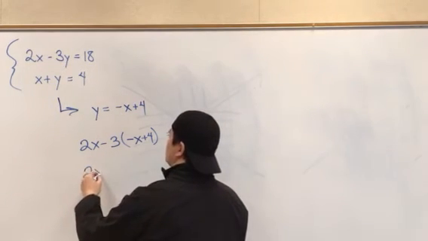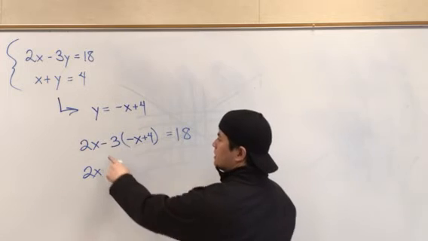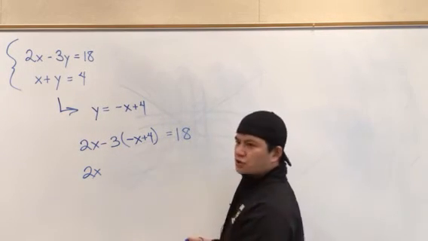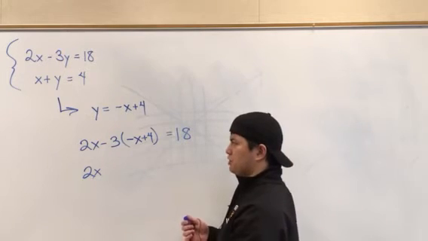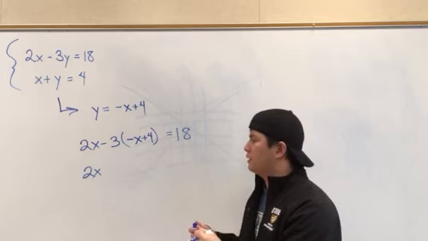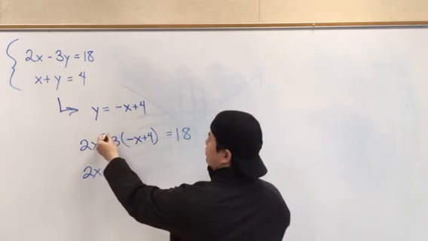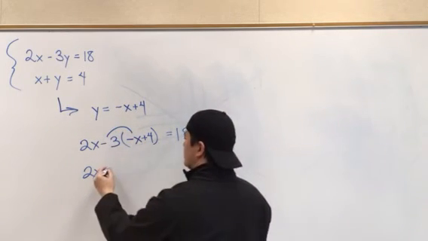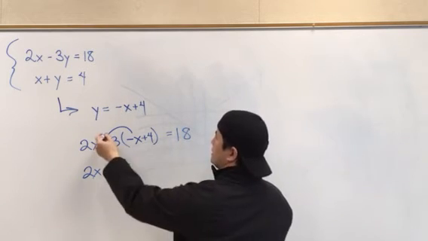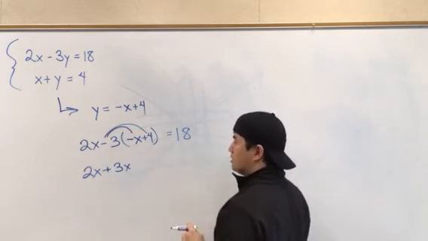I've got 2x. This is a minus 3 times this entire quantity. So when I do a distributive property to simplify this, be sure that you're including the negative with the 3. So this is negative 3 times negative x. That's a positive 3x. This is a negative 3 times a positive 4.